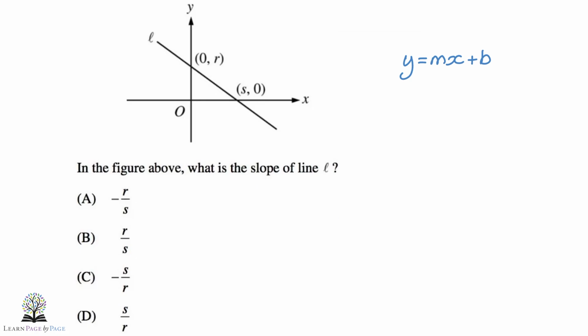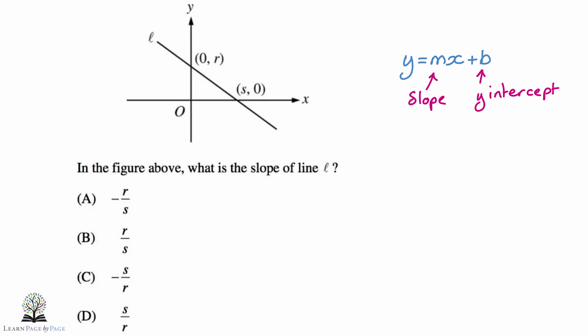M is the slope, and B is the y-intercept. M and B could be a single number, a letter, a fraction, or even a decimal, but they will be one value. If you just remember the slope is the number that goes in front of x, it's the coefficient of x.